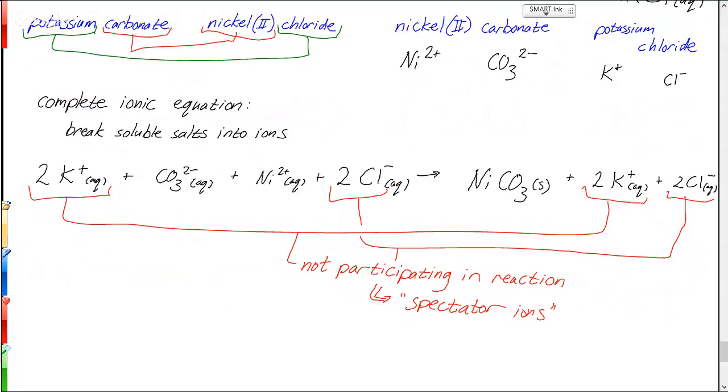So the only reaction that's really happening in the solution is nickel and carbonate are coming together to make nickel carbonate precipitate. Nickel 2 carbonate precipitate.